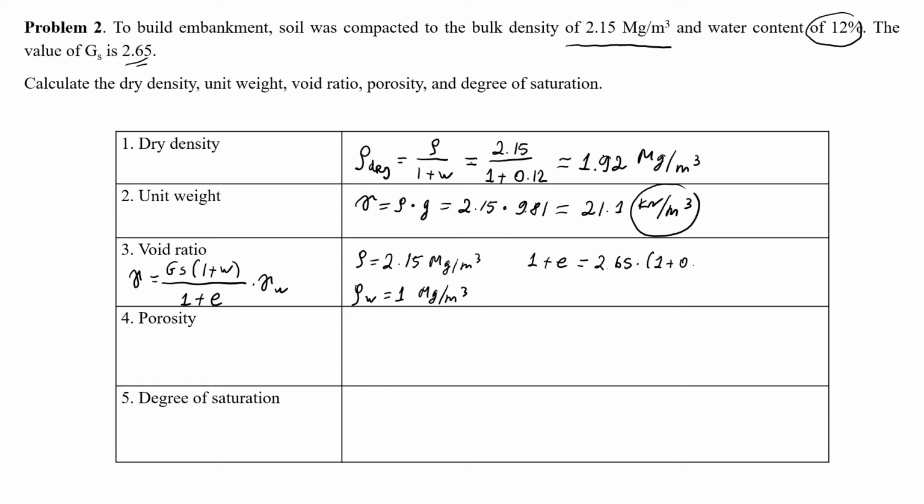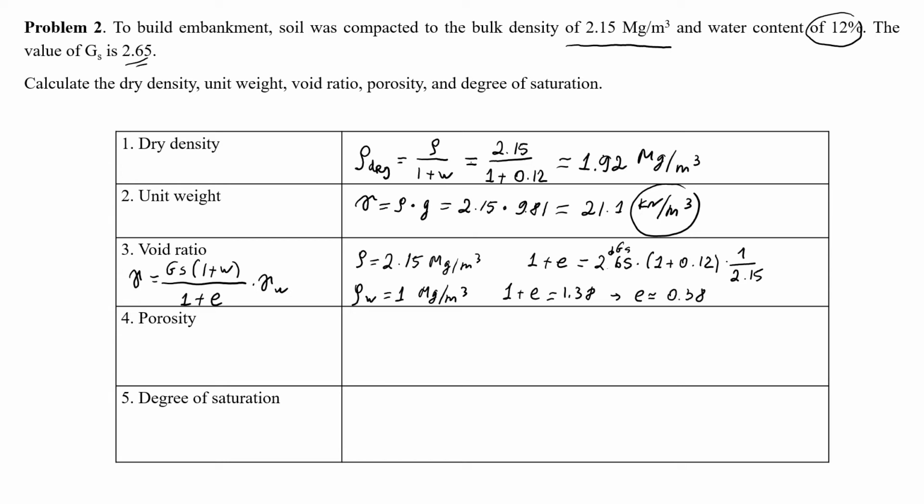Remember to use ratio for water content, and times 1 divided by 2.15. 1 is the density of water, and 2.65 is the specific gravity. Then we get that 1 plus void ratio is approximately 1.38, which will give us that void ratio is approximately 0.38.